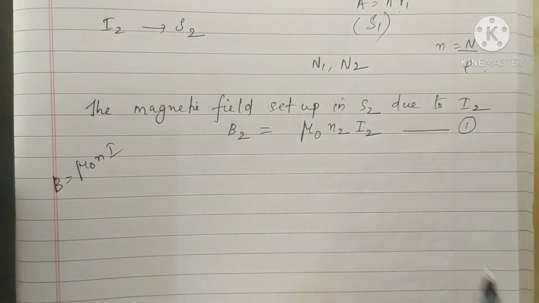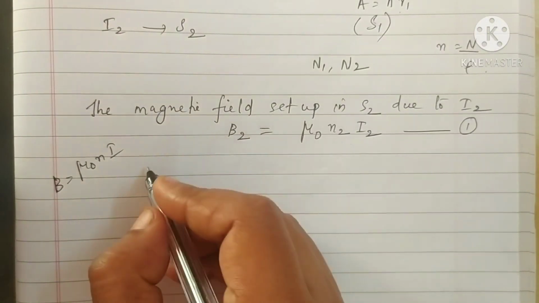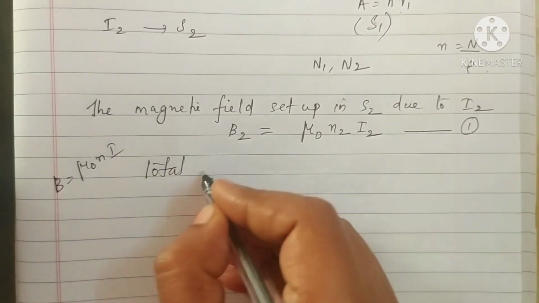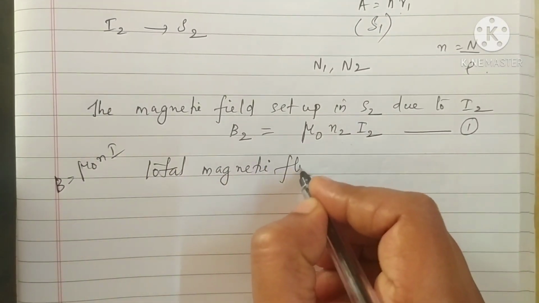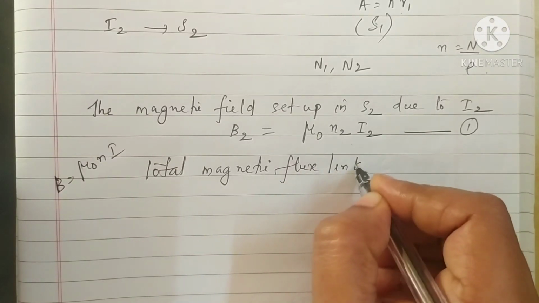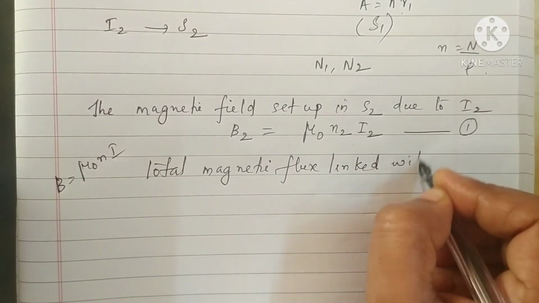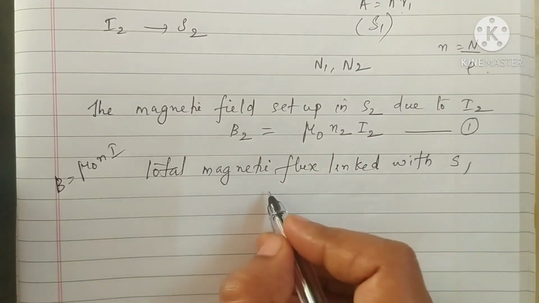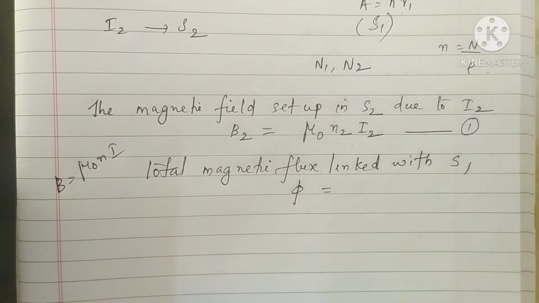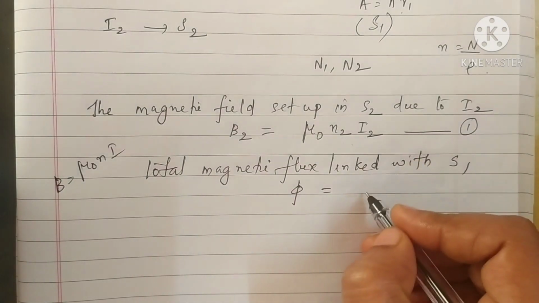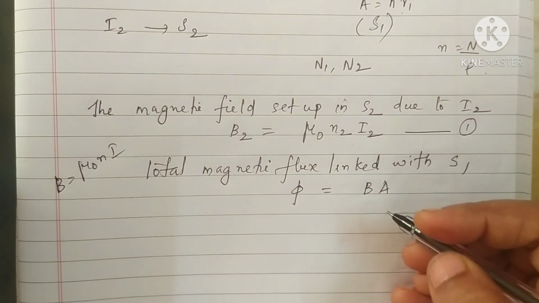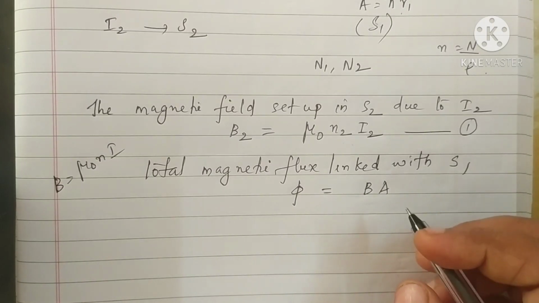So you can write the expression for the total magnetic flux linked with S1. You know the expression, flux is equal to B into A, and you also have to note the number of turns.